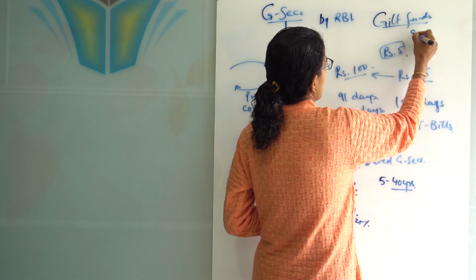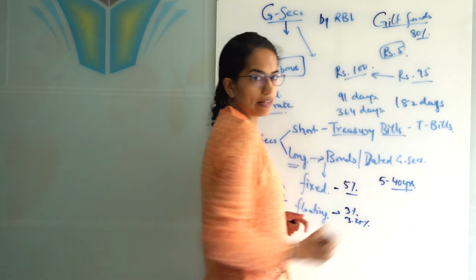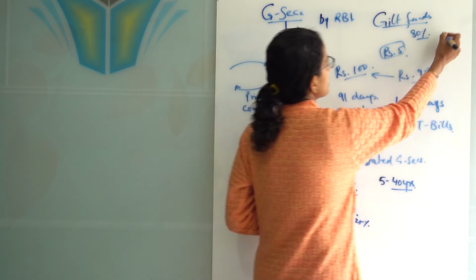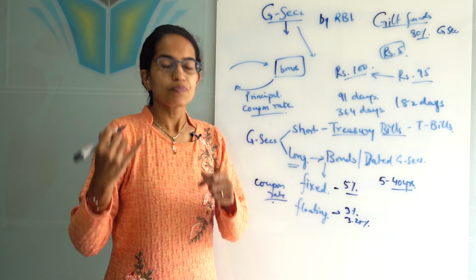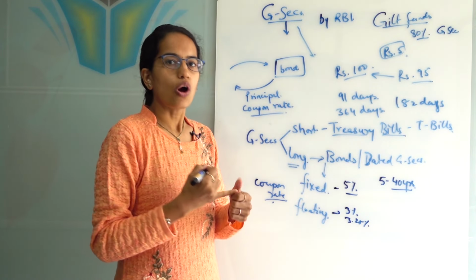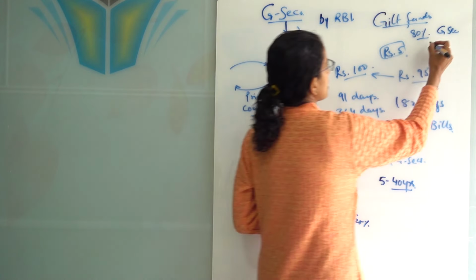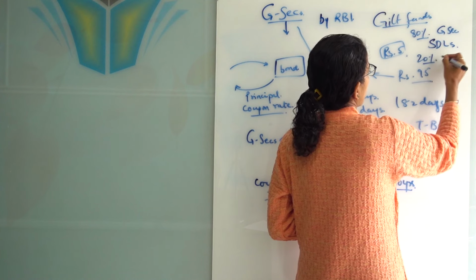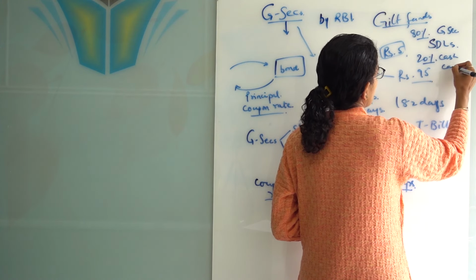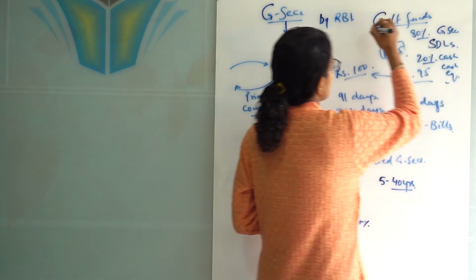Gilt funds say that 80% would be invested either in government securities or in state development loans, which is SDL, and the remaining 20% would be kept as cash or cash equivalent. So that is what gilt funds are.